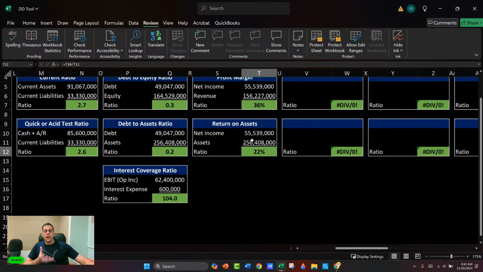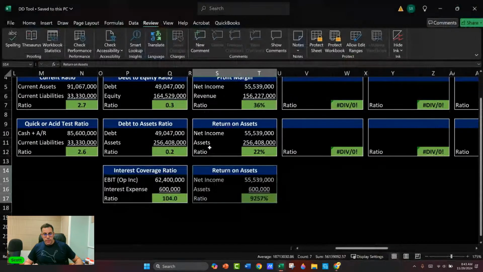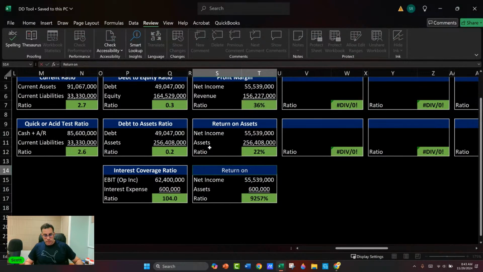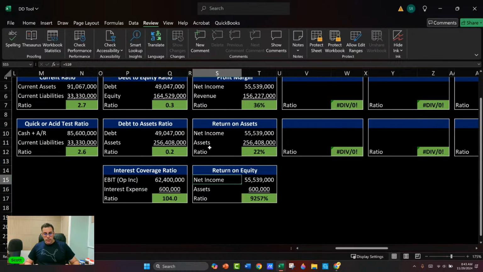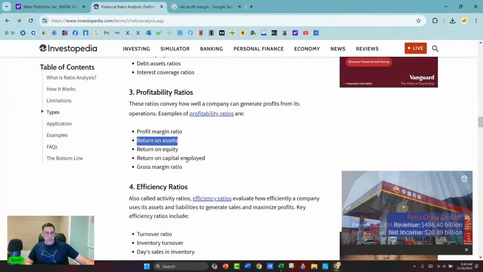So that's how well the company uses assets to generate a profit. Return on equity. How well a company uses equity to generate a profit. So equity is right here, 34%.